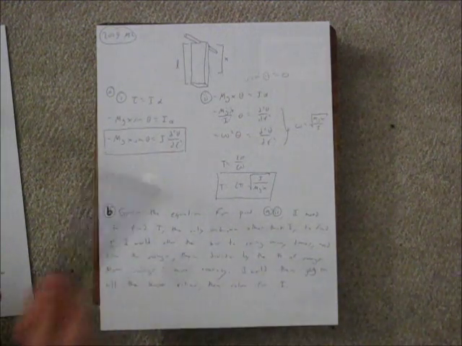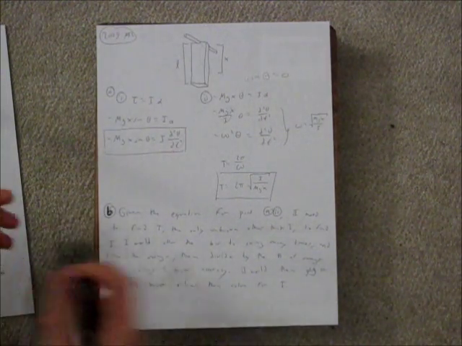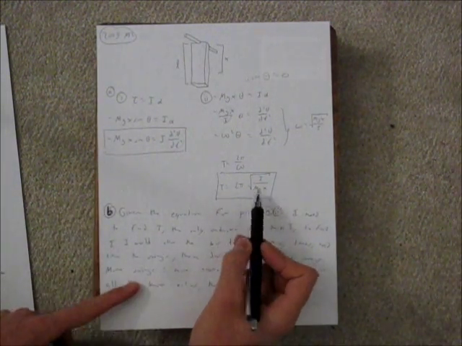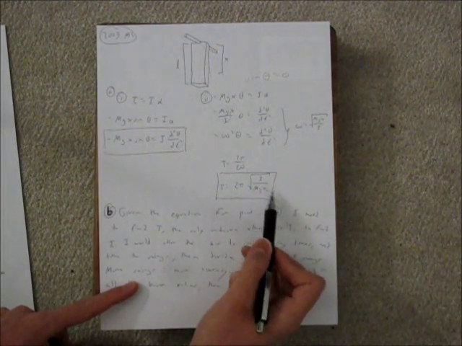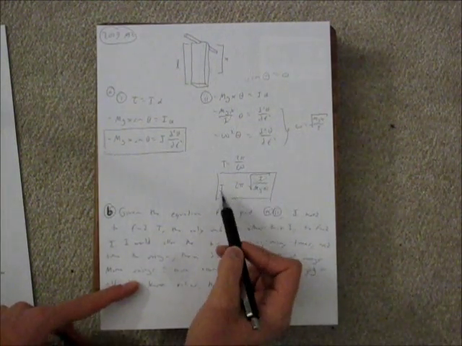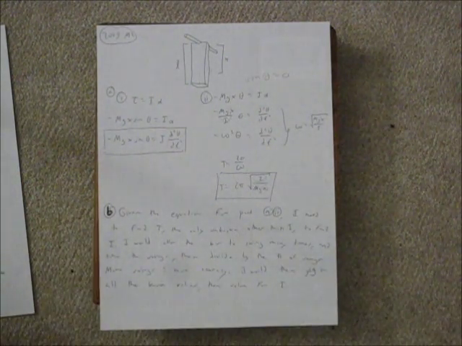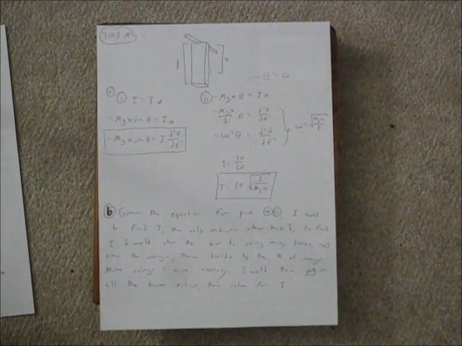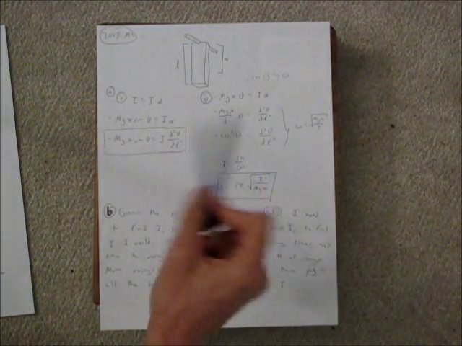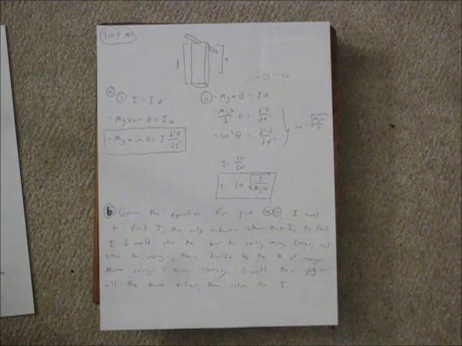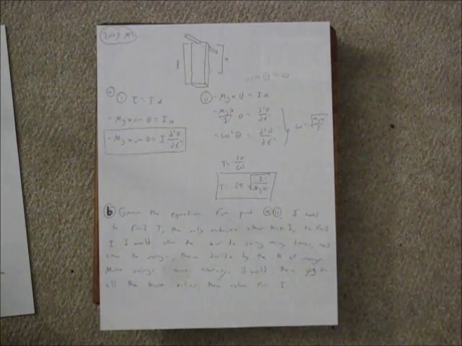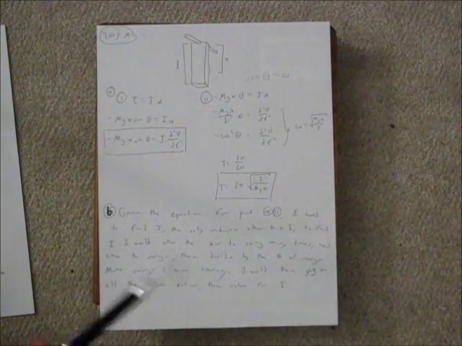So since we know this equation, we know m, we know x, we need to find I, and the only thing we don't know is T. So we would have to measure it. And to measure T, which is simply the time it takes for the pendulum to make a full swing, we would need to simply time a swing.